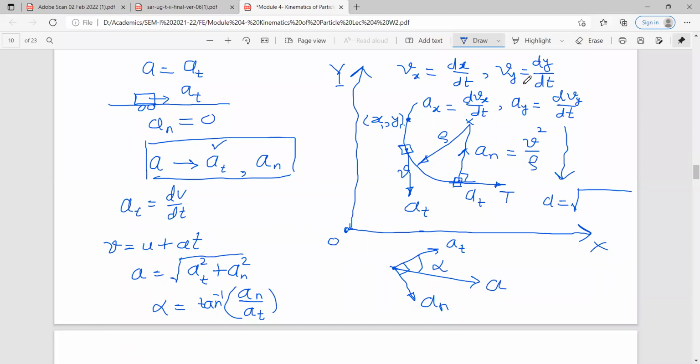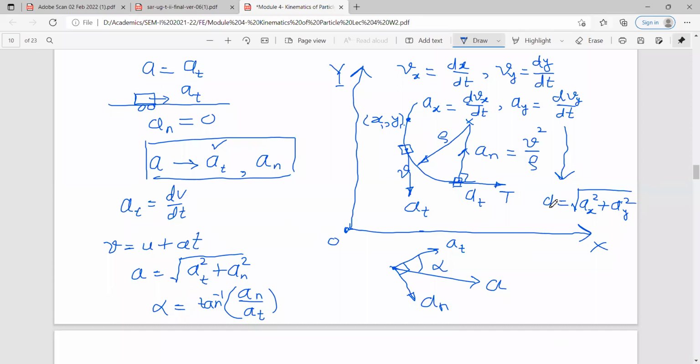You know that x and y are the two mutually perpendicular axes, so vectorially we can add components of acceleration: square root of ax square plus ay square.